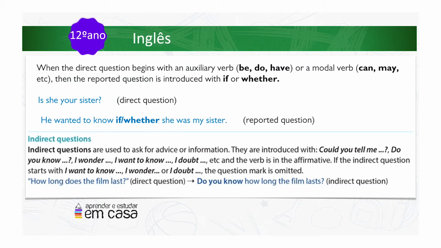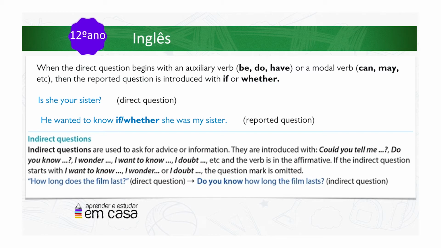For example, if I say, "Are you my sister?" The reported question is going to be, she asked me if I was her sister, or whether I was her sister. Because when I ask you, "Are you my sister?" your answer can only be yes or no, right?